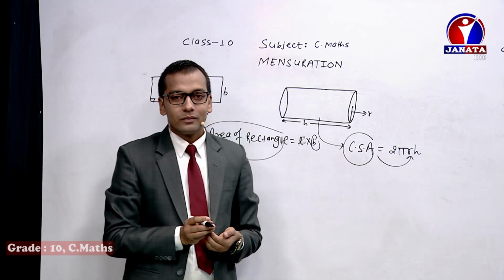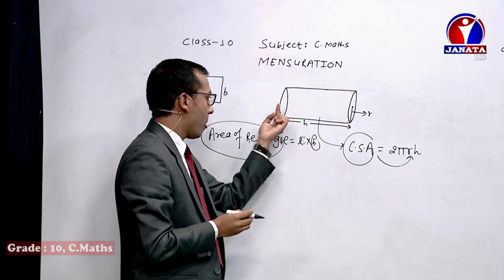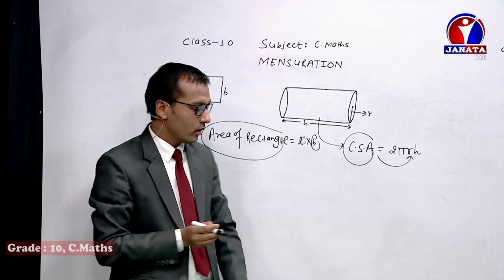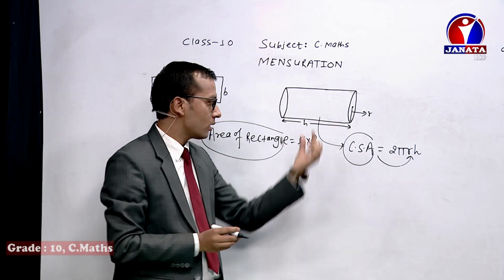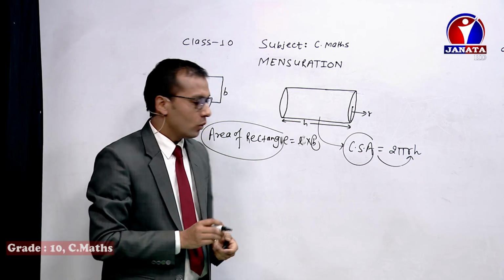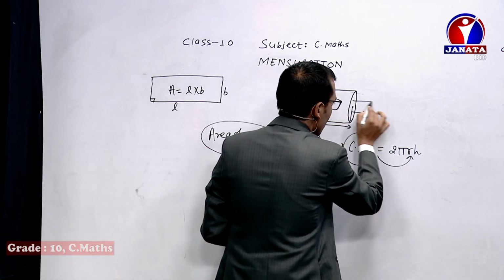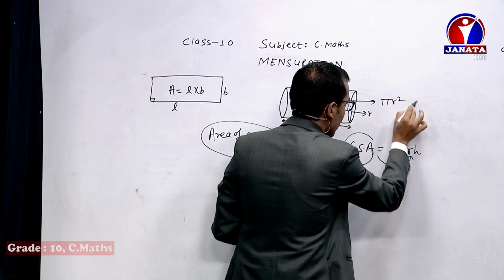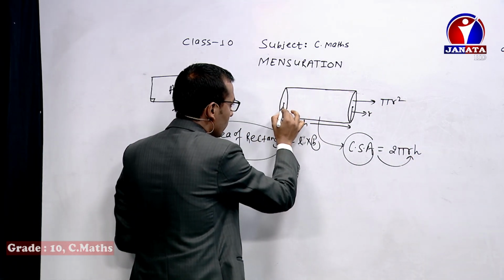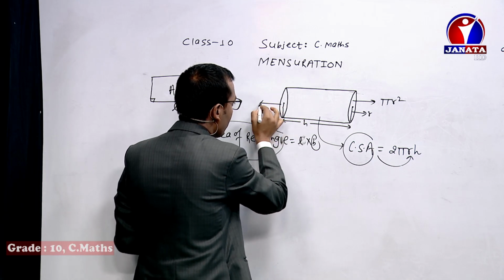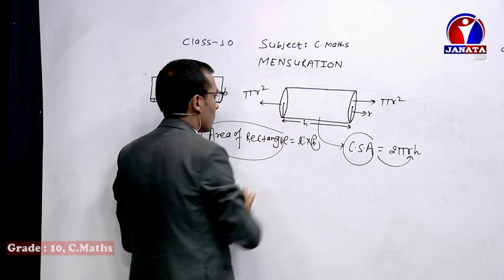After this, let's write what are the plane surfaces here. This is base, or this one is base. This is curved surface. What is area of circular base? We know area of circle is pi r square. Area of this end is also the same, pi r square.